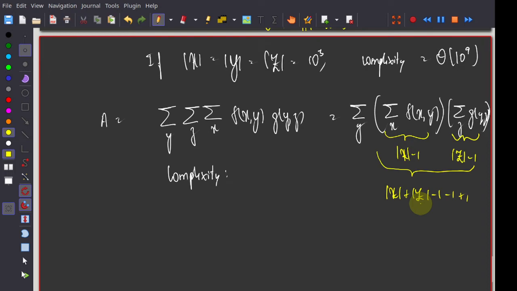You agree? Okay. So this is the total number of operations for each y.